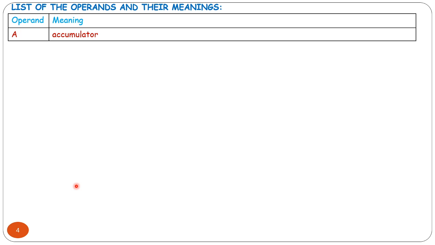We have to discuss some parameters like list of operands and their meanings. If the instruction operation code comes along with the operand A, it indicates that the accumulator register is the one operand.